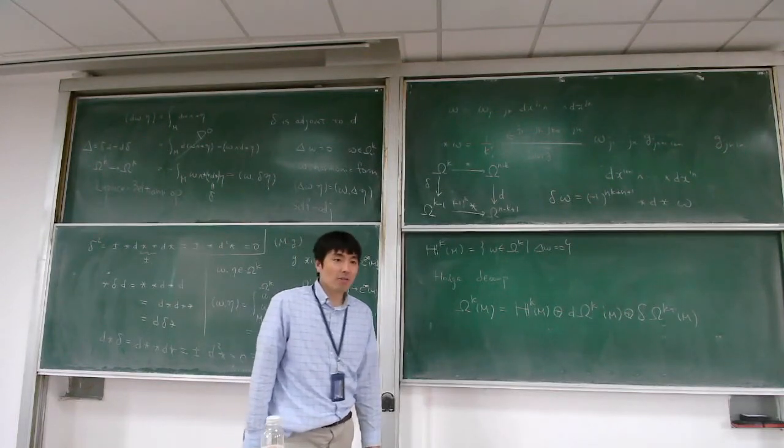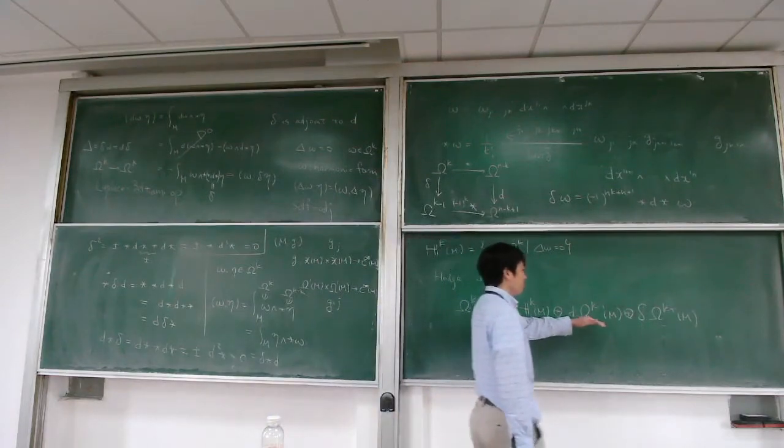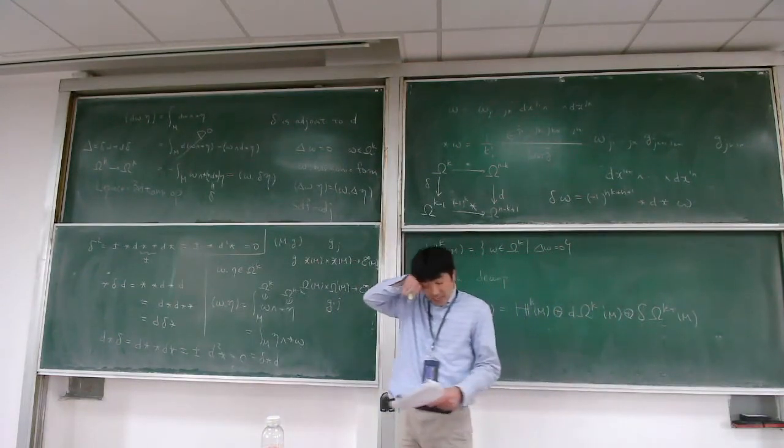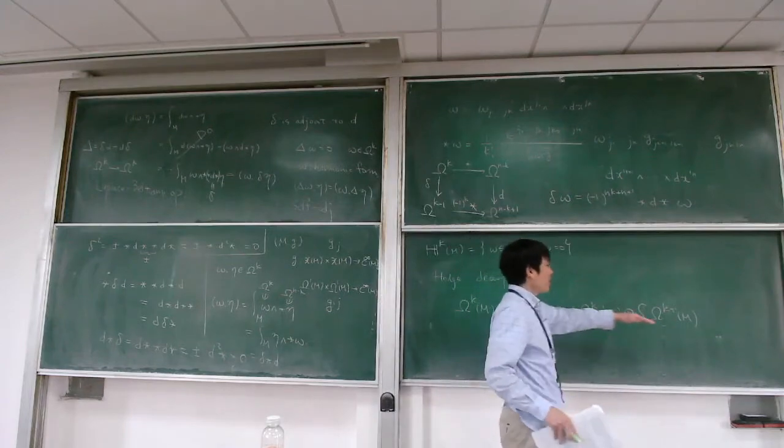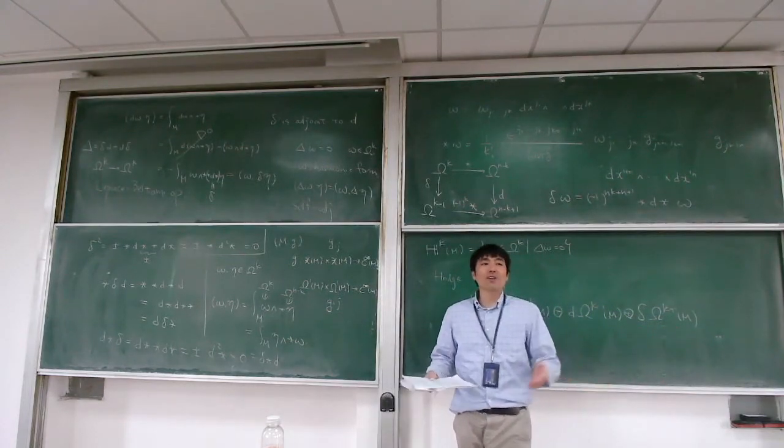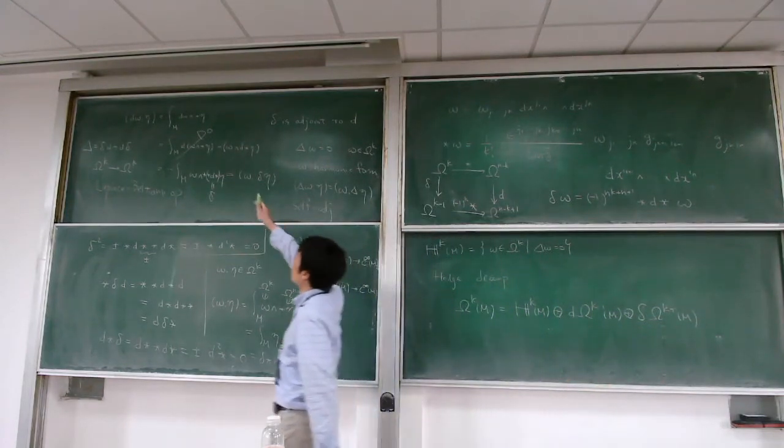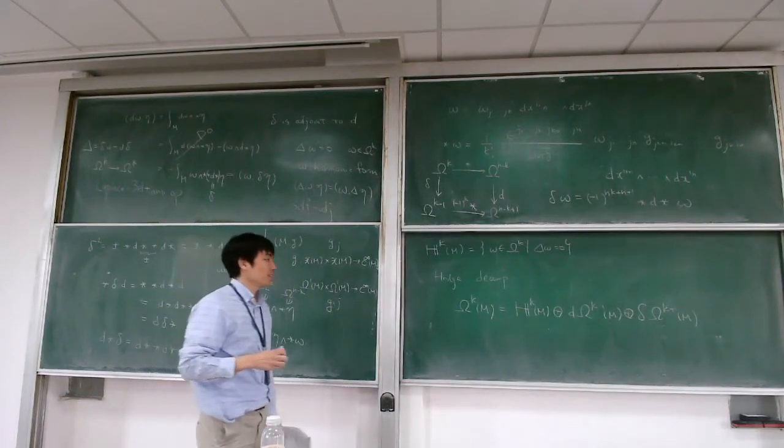So exact forms. These are called exact forms. And then delta omega is some analog, the coexact form for delta.